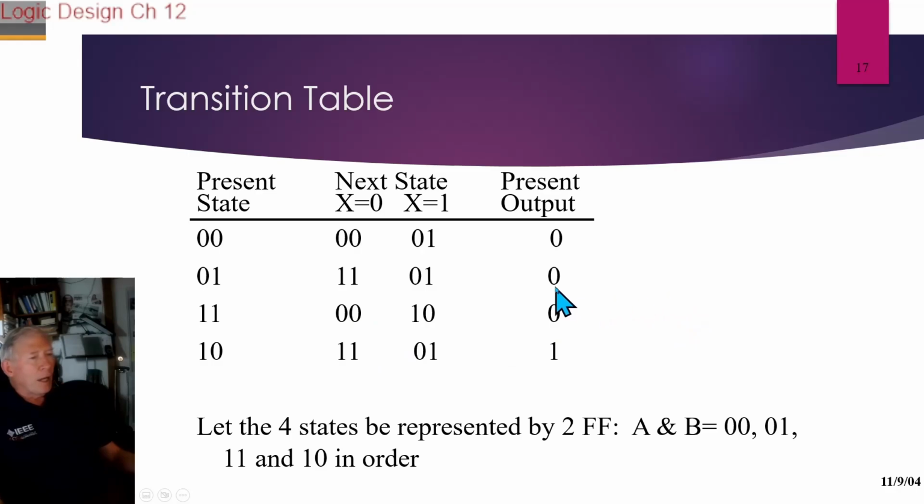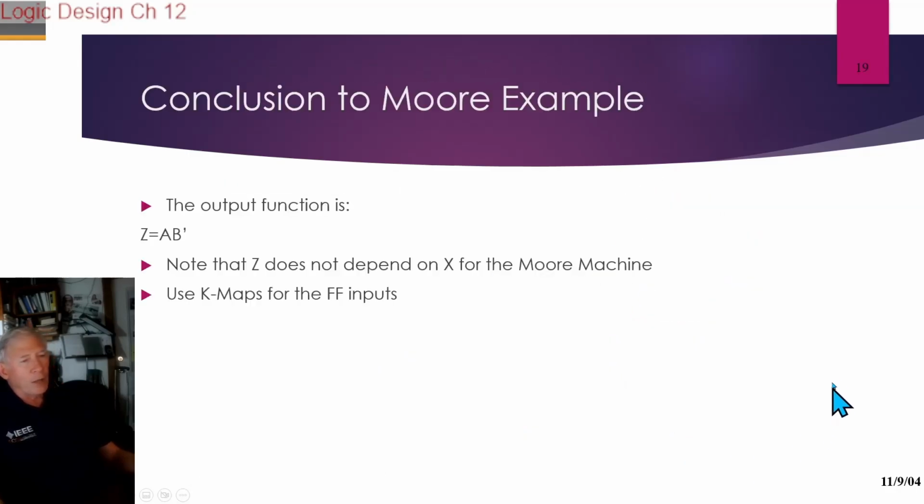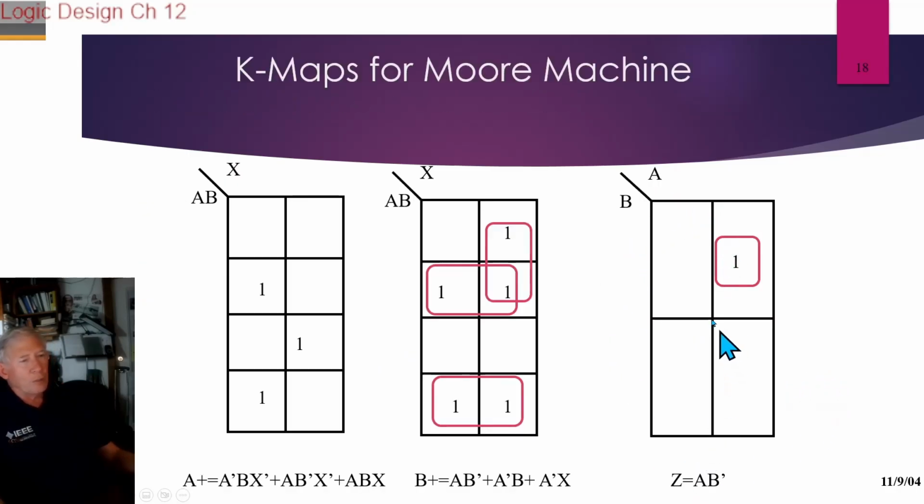Okay, and then again, our K-map for our output is going to be just two variable, and here our output is Z equals AB prime. Here we have three variable terms: A prime BX prime, AB prime X prime, and ABX.